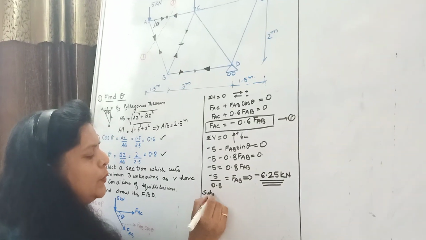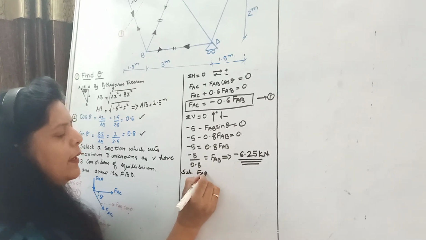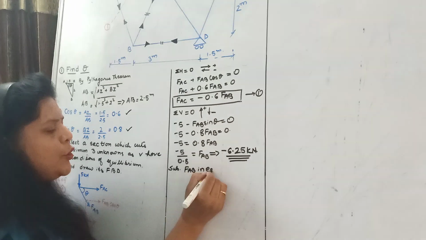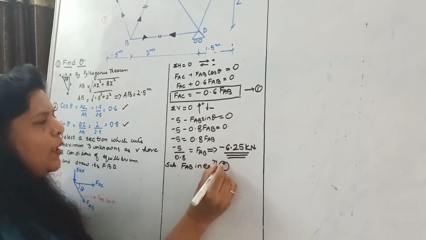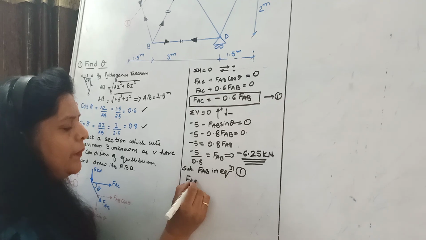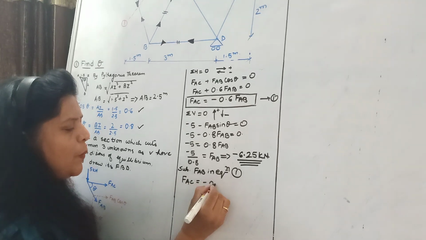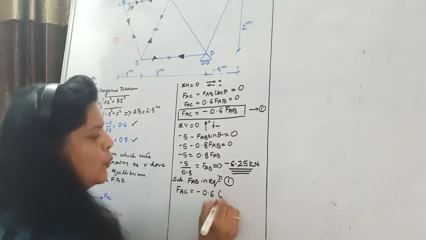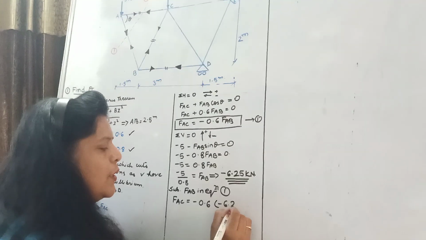Then we come to the next step, that is substitute FAB in equation 1. So what we get? FAC is equal to minus 0.6 into minus 6.25.